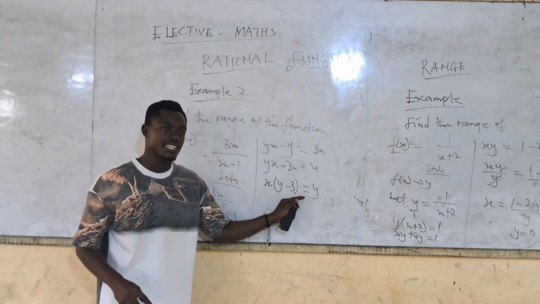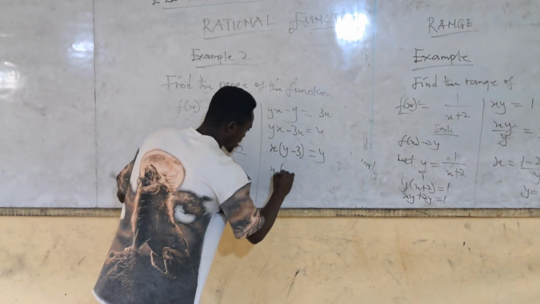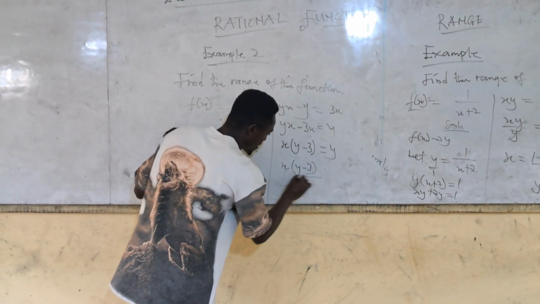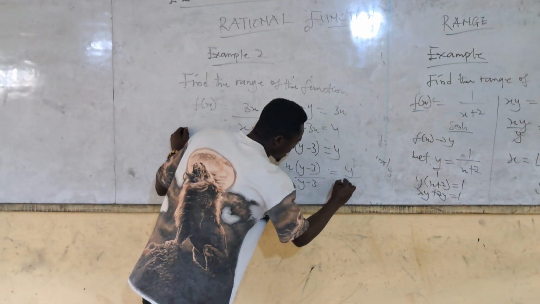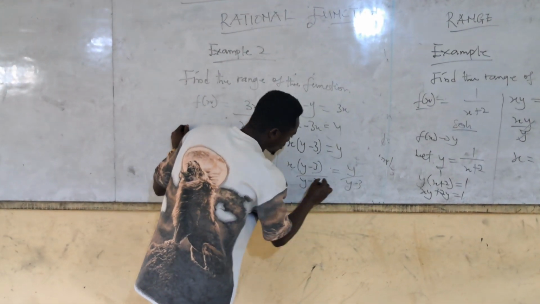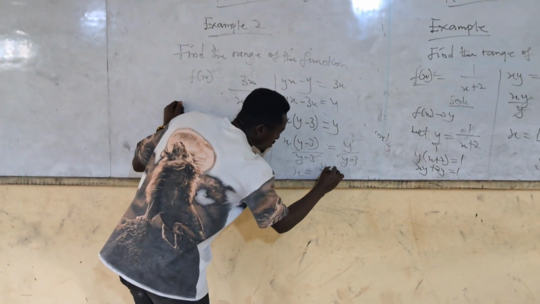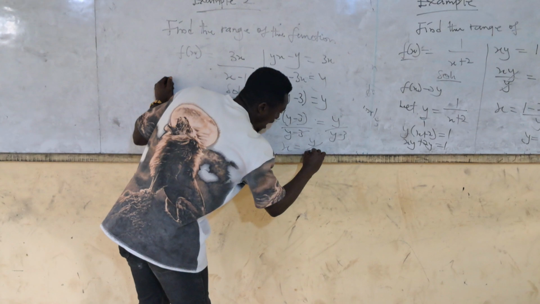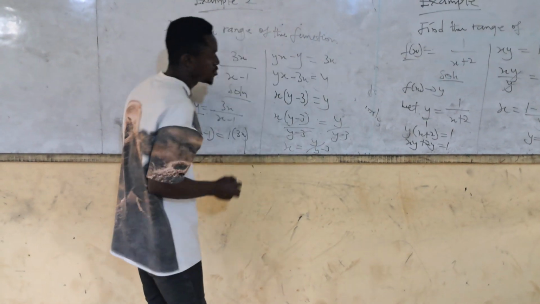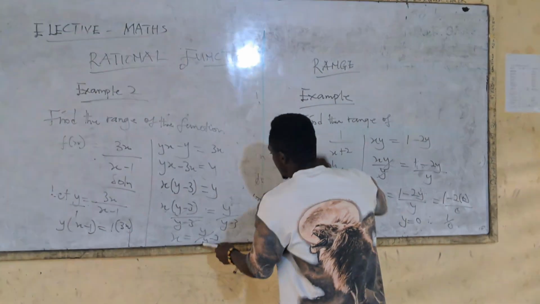So we divide both sides by the coefficient of x, which is y minus 3. The y minus 3 cancels on this side. Therefore, x is equal to y over y minus 3.